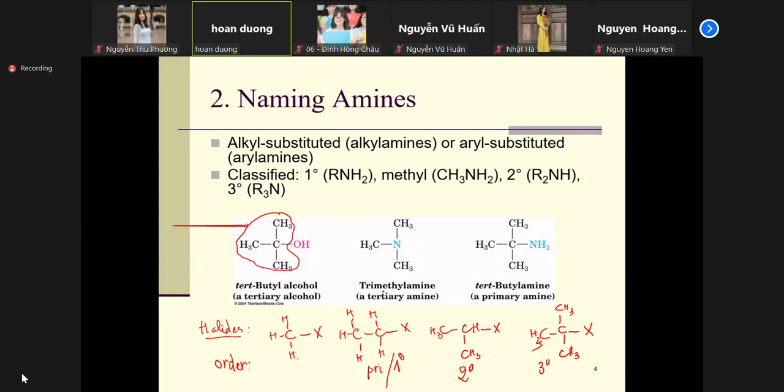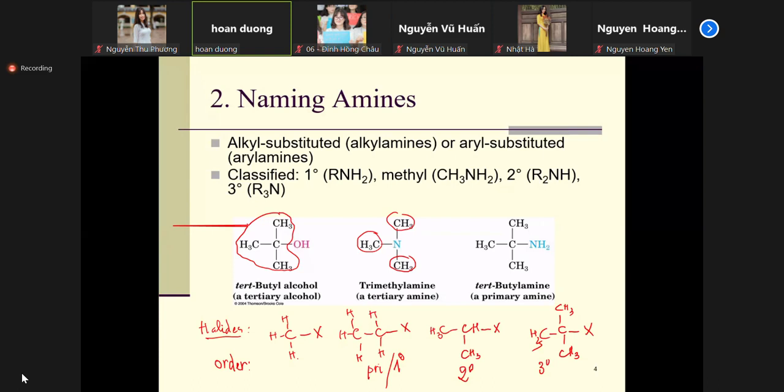And here now we have a tertiary amine. Now it depends on the number of alkyl groups bonded to the nitrogen. Okay. And so here we see the nitrogen bonded with the CH3 and CH3, right? That's why it's called the tertiary amine.